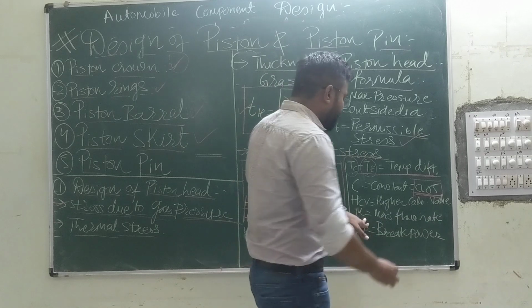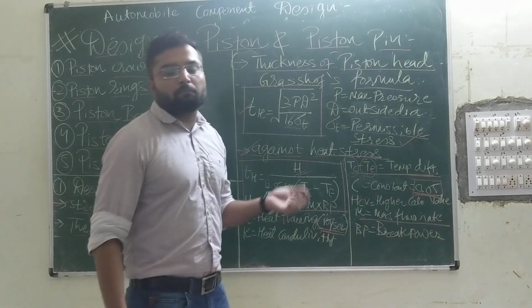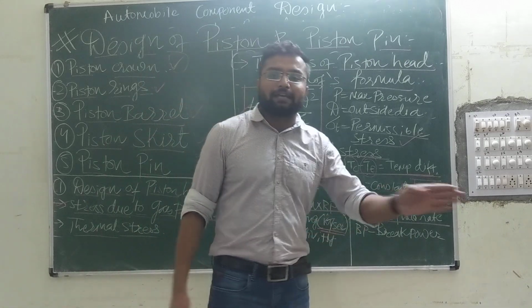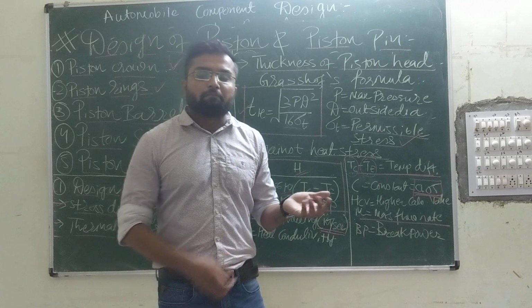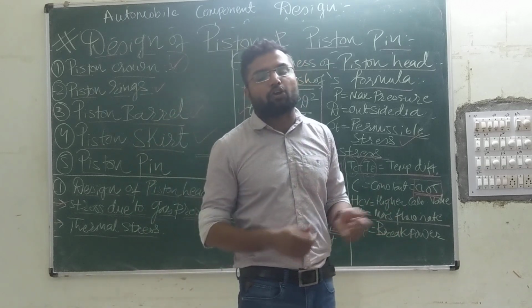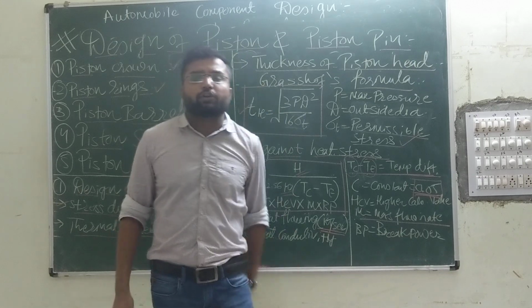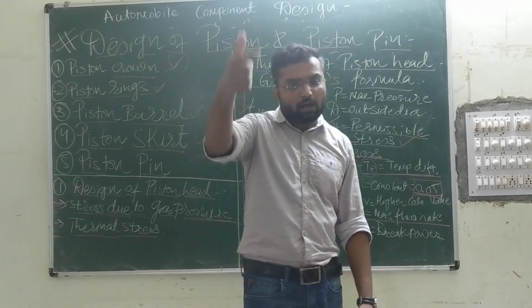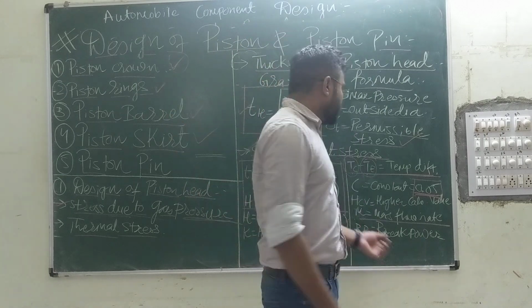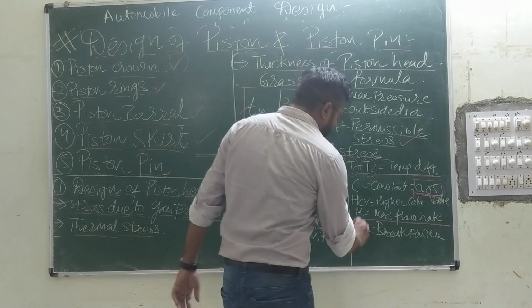After that, M represents the mass flow rate. In this case, we are considering it in kilogram per hour or kilogram per second. So we are considering the mass flow rate in kilogram per second, and ultimately brake power.